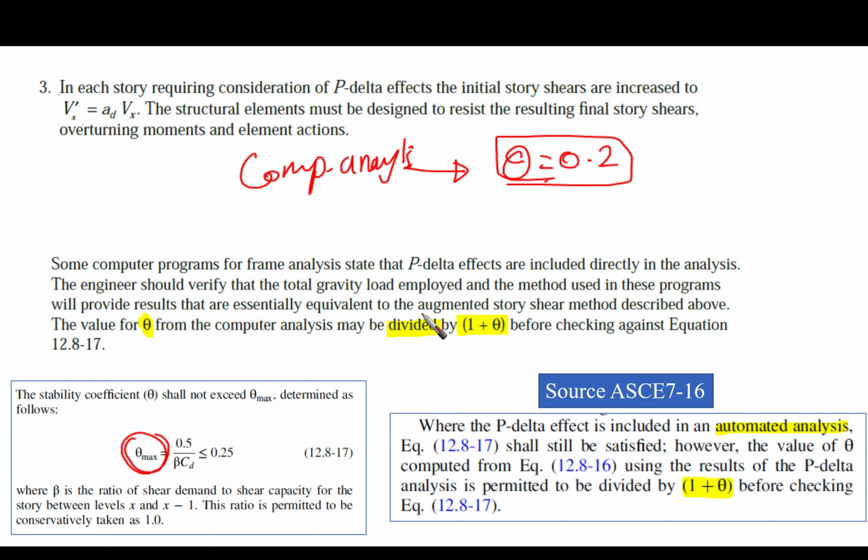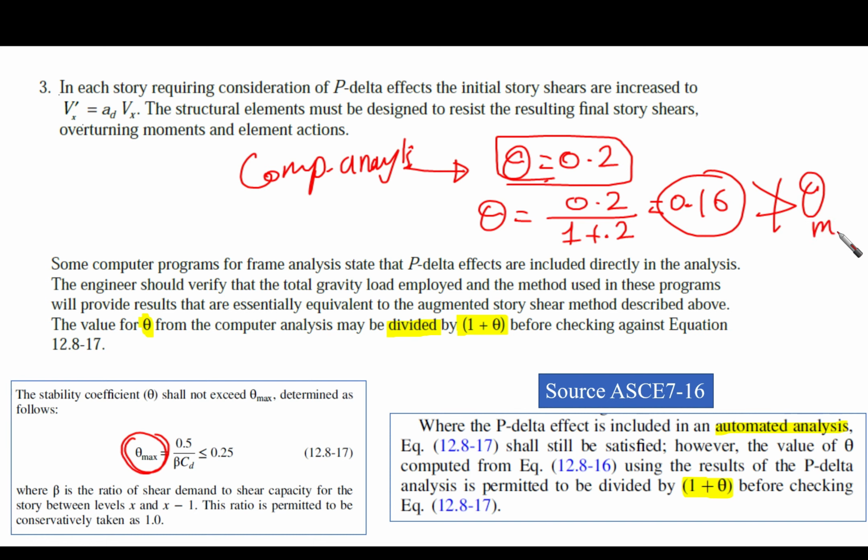We are going to say that our real theta is 0.2 over 1 plus 0.2. Whatever the value is here, it is going to be 0.16, for example. Then this 0.16 should not exceed theta maximum. Okay, this is what this comment is telling us.